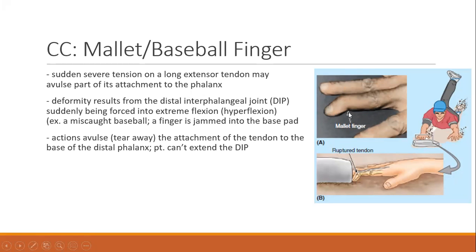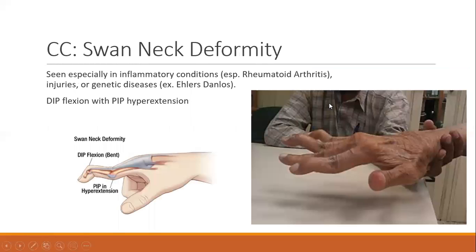So at baseline, like at rest, this is what the finger looks like because they've lost that tendon that was for the tip of the finger for extension, versus the swan neck deformity, which you get from inflammation.